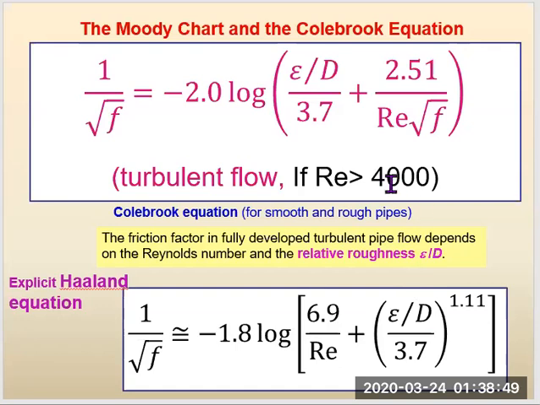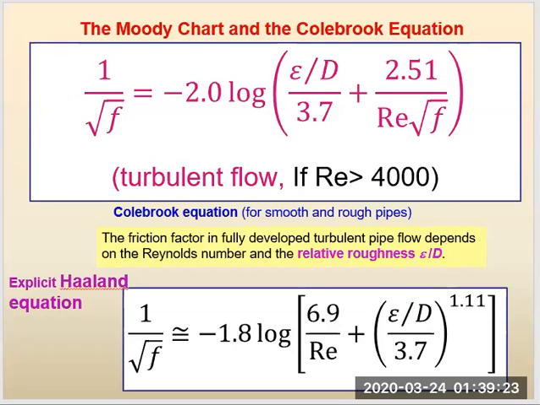The epsilon is the roughness of the pipe surface or the channel surface or the duct surface. This roughness has a length scale, so it is in meter or millimeter or centimeter. You need to read that based on the type of the duct from the appendix, or sometimes it is given in the problem statement.